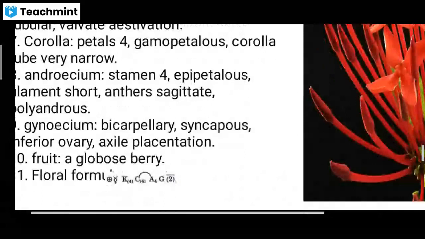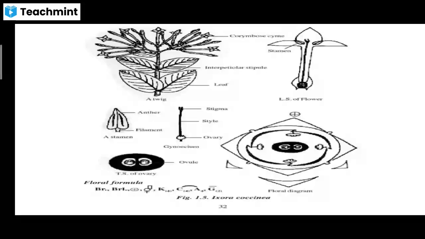Then these are the flowering twigs of Ixora coccinea, which show cyme type inflorescence. Then in the leaf arrangement, interpetiolar stipules are there. Then there is the dissected flower, in which you can see the stamens are attached to the petals.